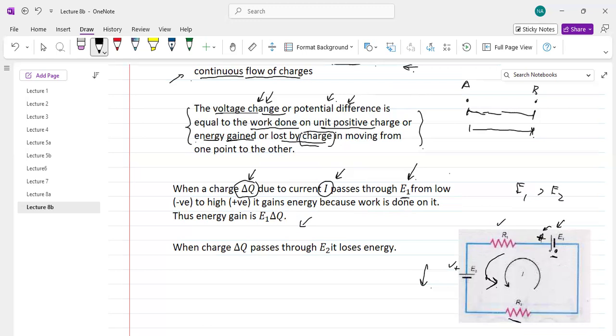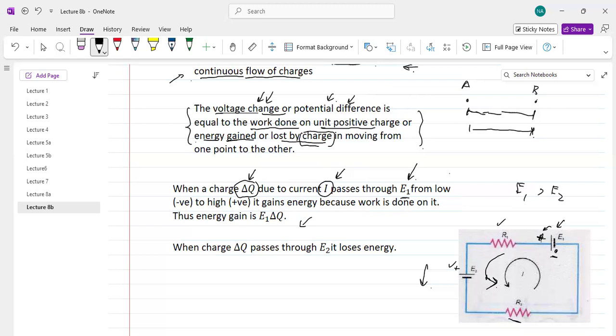What does this mean? This means that we started traversing this closed loop from the negative terminal of the battery E1.